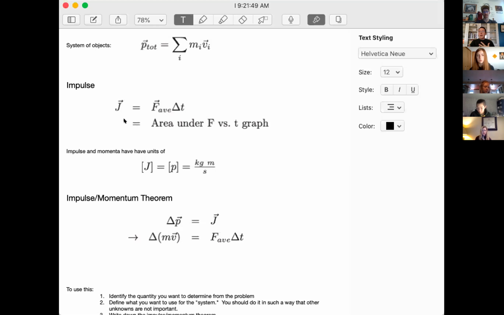When we're trying to use the impulse and momentum theorem, impulse encodes how much the rest of the universe acts on the system. The technical definition of impulse comes through calculus. It's when you have some force acting on a system over some amount of time. So forces are being applied over an amount of time.